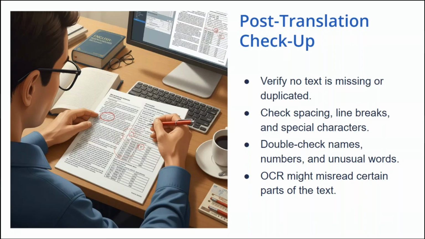So it is very important to have a human eye at the very end to verify that there is no text missing, to check spacing, line breaks, double check names, very important, because sometimes an OCR might confuse number 1 with a lowercase l, or misspell proper nouns, etc. So it is very important to double check that whenever you are translating those difficult, complex PDFs.